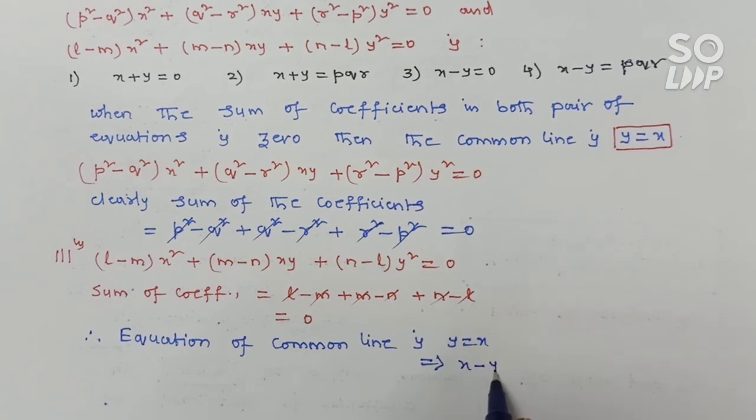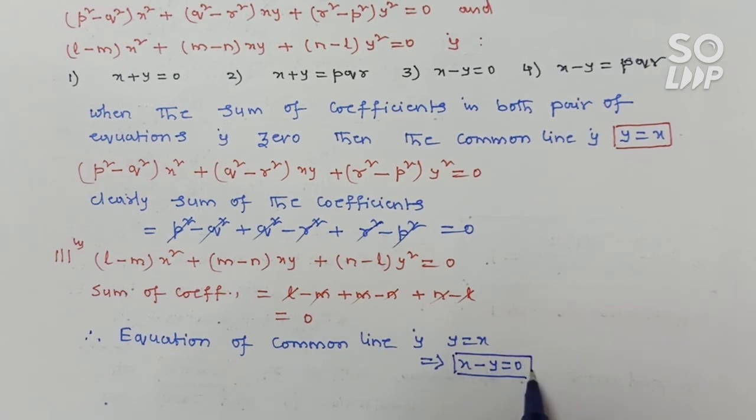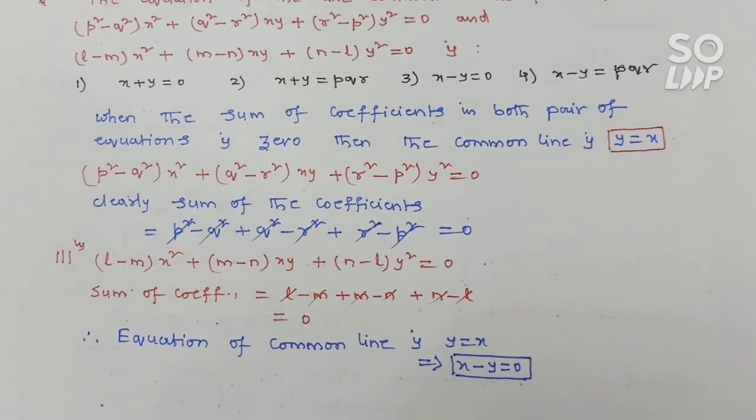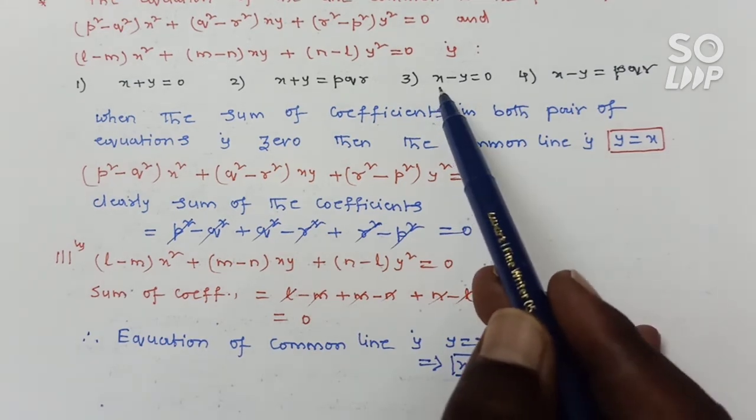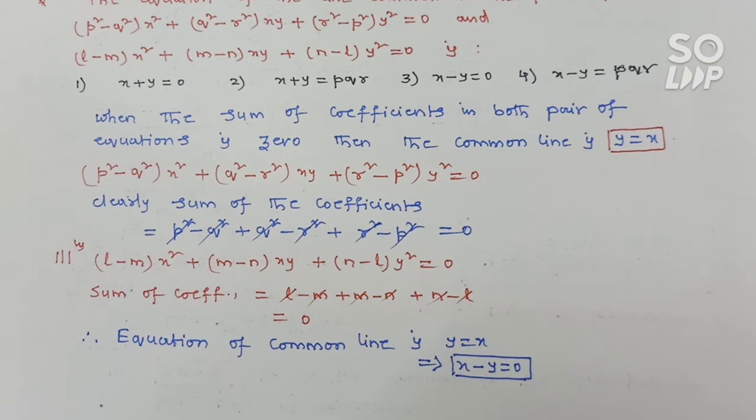Now actually this much time is more than needed to work out this problem directly by seeing the coefficients of the two pairs of equations. The sum of the coefficients will be 0. Directly you can take the answer y equals x, that is x minus y equals 0. So your answer will be the third option. So you need not write all these things.